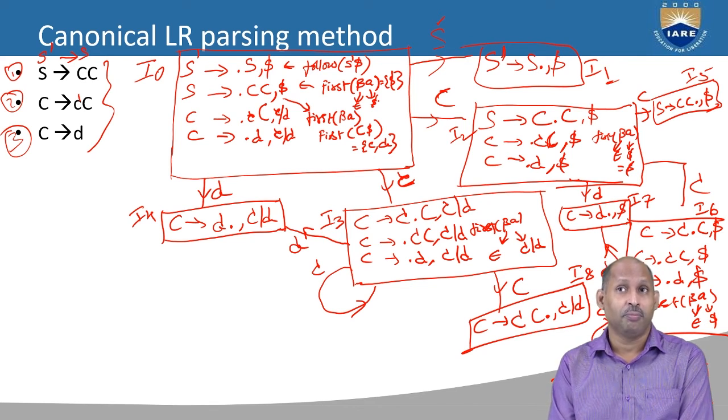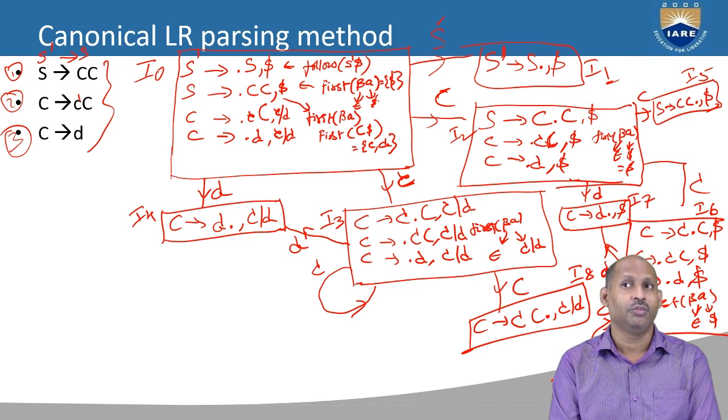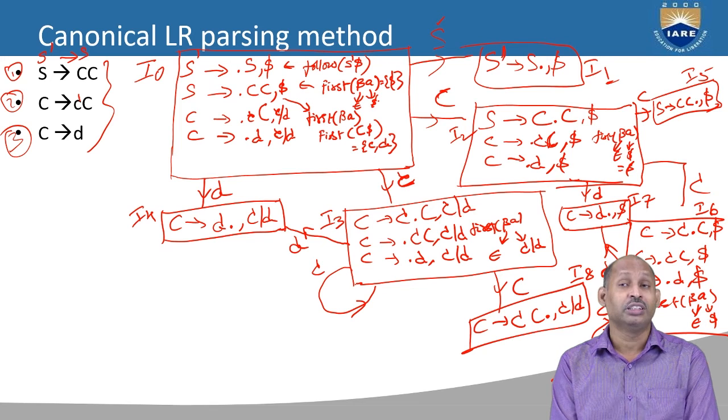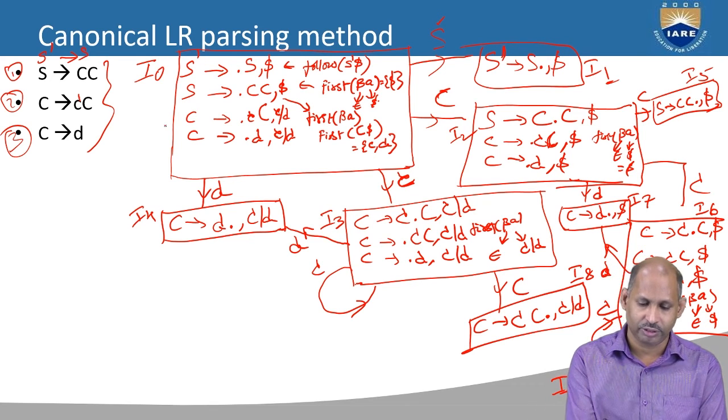By using this, we considered the first of the variable C, which is the terminal small c, small d. So, both are the locate symbols for this one.